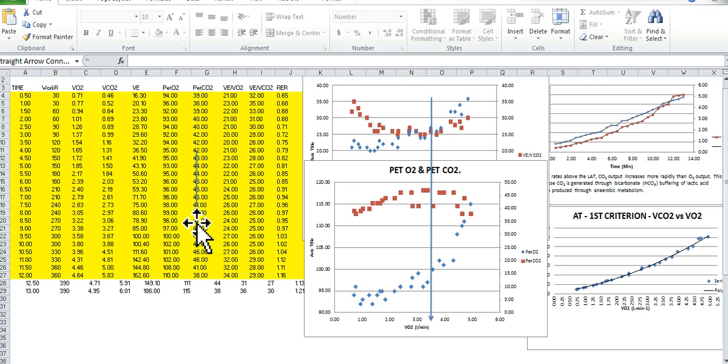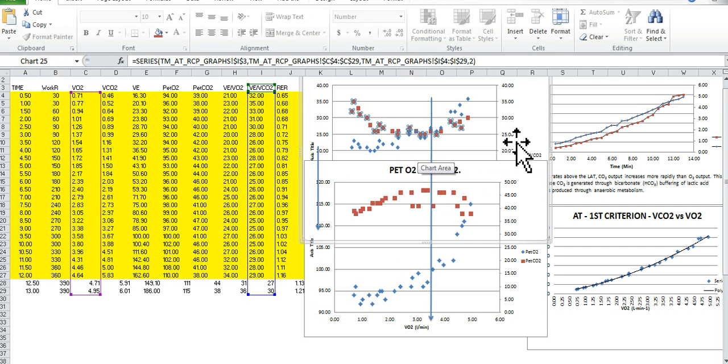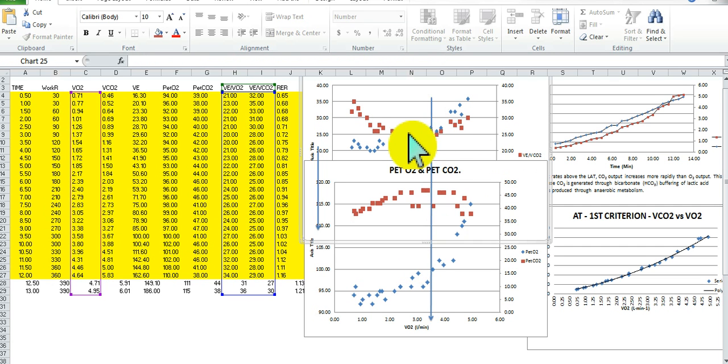So we're going to use this arrow here, if we can grab it, and we'll bring that close so we have it on hand. Okay, so first thing, let's look at VeVCO2. VeVCO2 is going to be the red here, and where do we see the red starting to level off? I would say it's right about there.